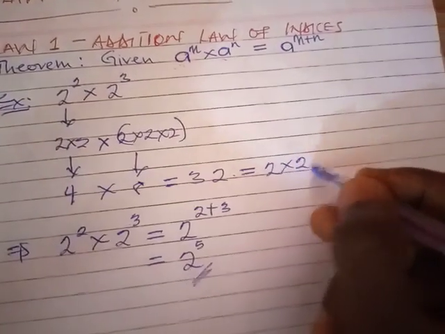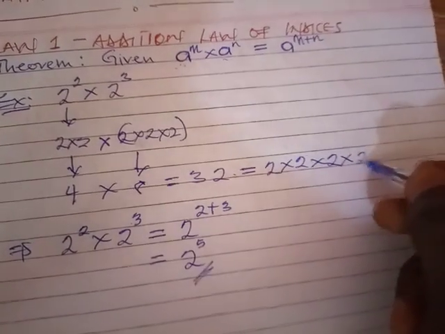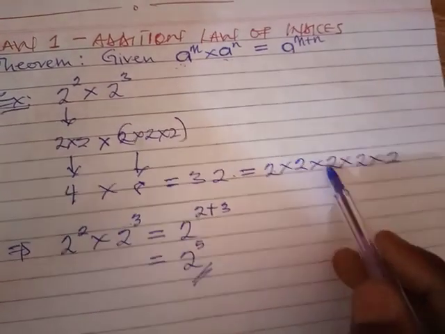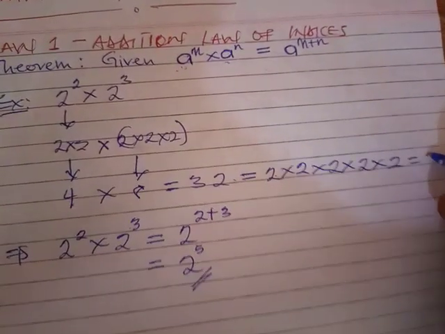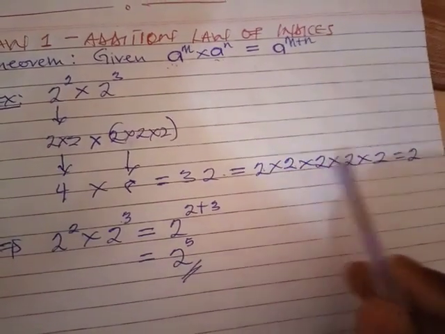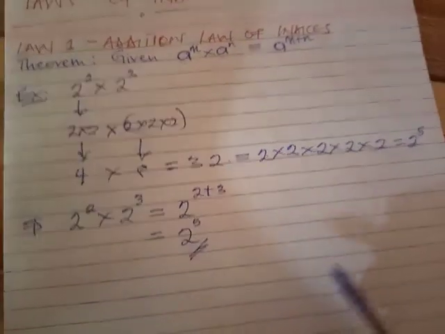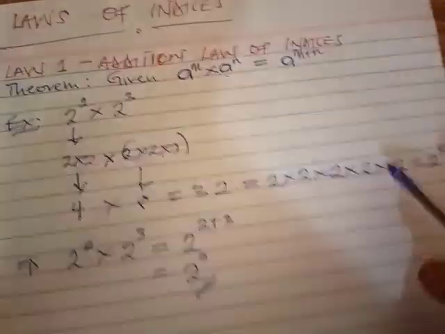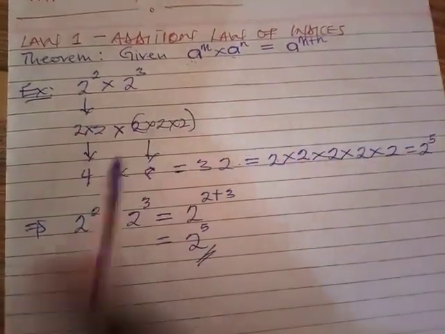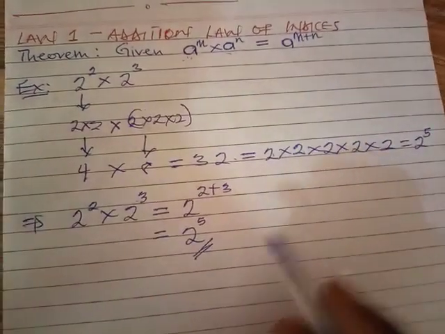That's 2 by 2, which is 4. 4 by 2 is 8. 8 by 2 is 16. And 16 by 2 is 32. So we have 1, 2, 3, 4, 5. You can see that 2 has been expressed 5 times. So we have the same answers, which buttresses what law 1 is saying. If you are given any question whereby you have 2 same bases, the only thing you can do is to add the exponents.